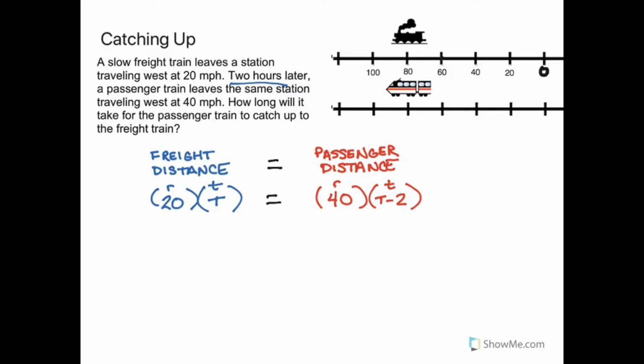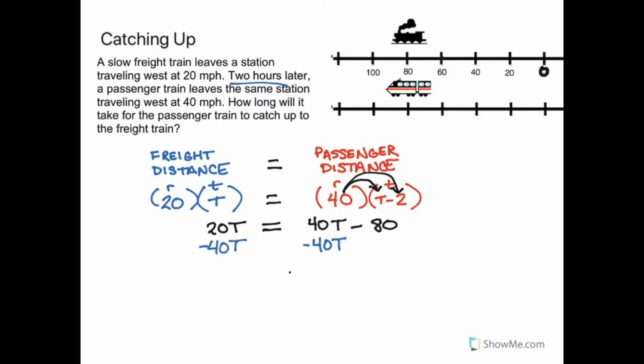Well, now we can simplify. 20t is going to equal 40t minus 80. 2 times 40 is 80. Well, let's rearrange so that we can solve. If I subtract 40t from each side, I'll get a lot of negatives, but they'll all cancel out in the end.